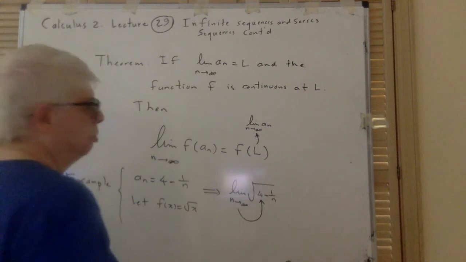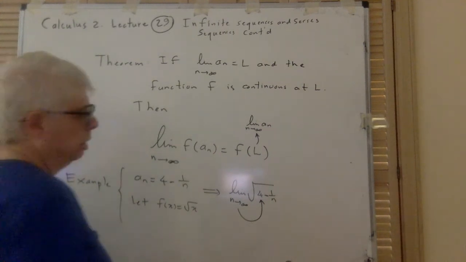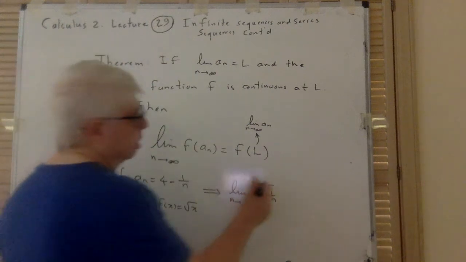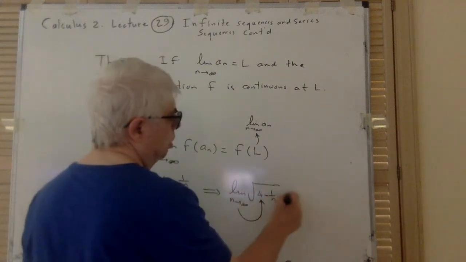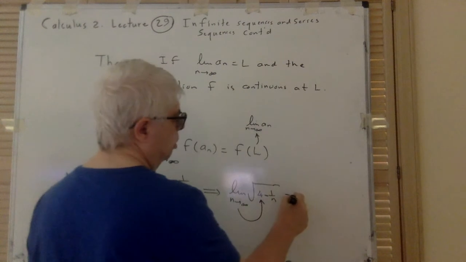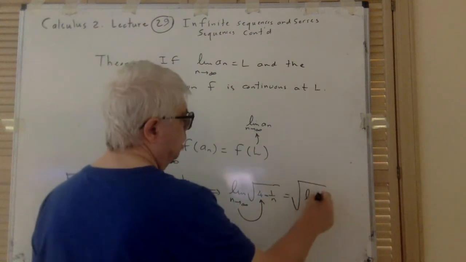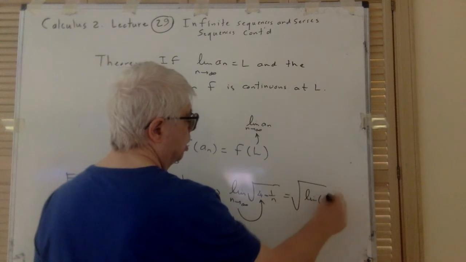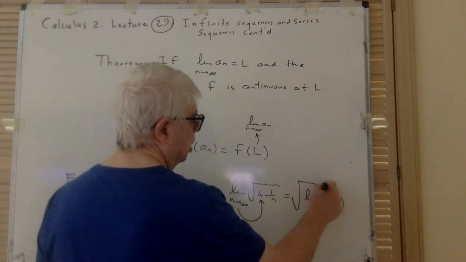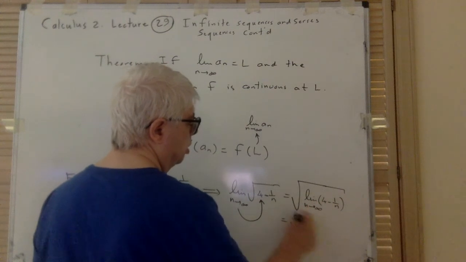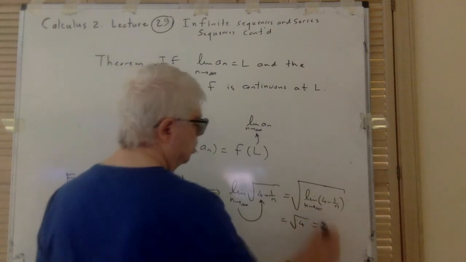So you can bring the limit inside the function if the function is continuous at L. So if I use this notation, it is equal to bringing the limit inside, as n goes to infinity, and this is 4, which gives 2.